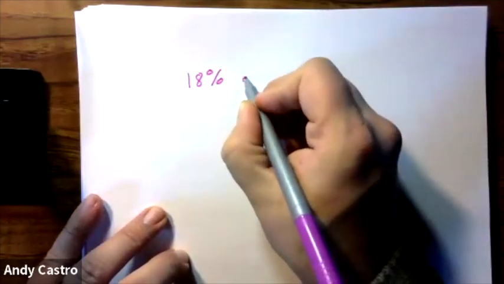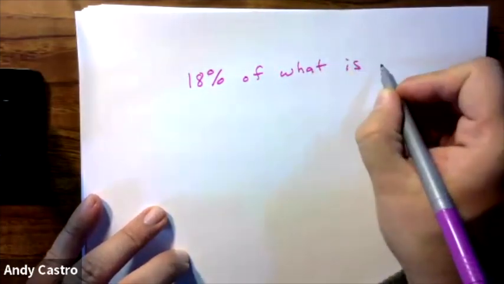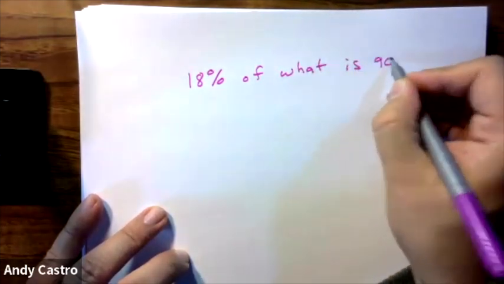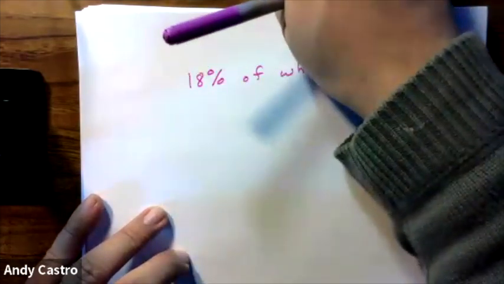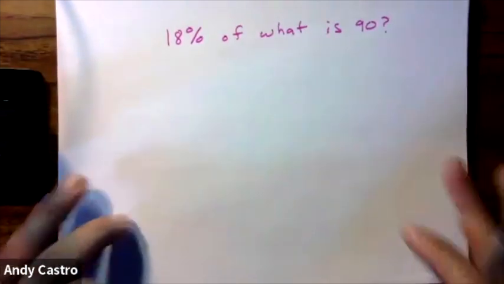What is a percent of another number? All right, so let's do this. Let's do one like this. 18% of what is 90? Let's do one that's like that. Okay. 18% of what is 90?